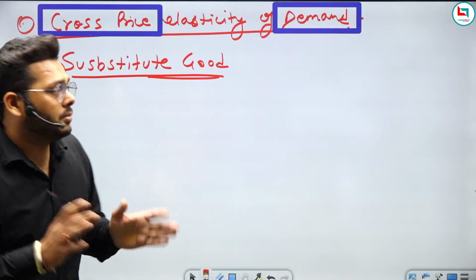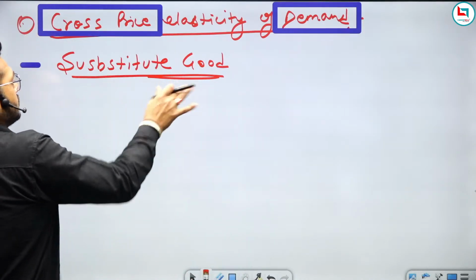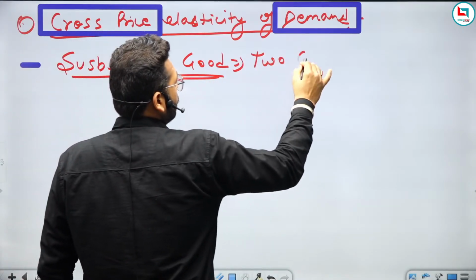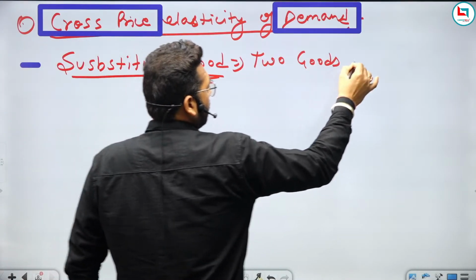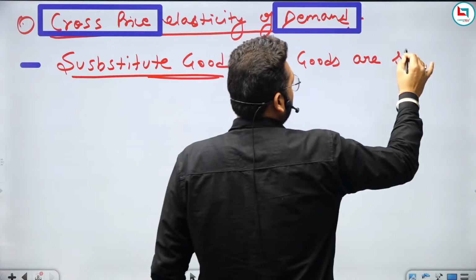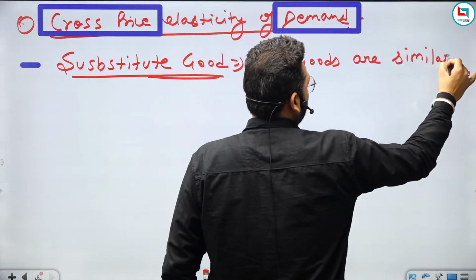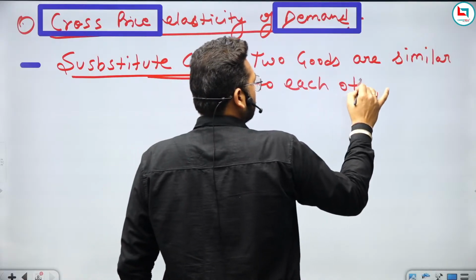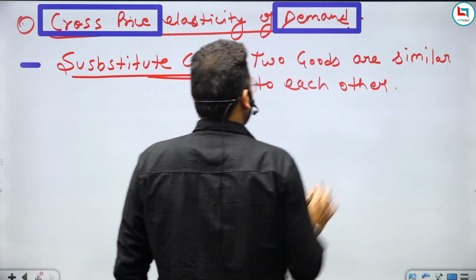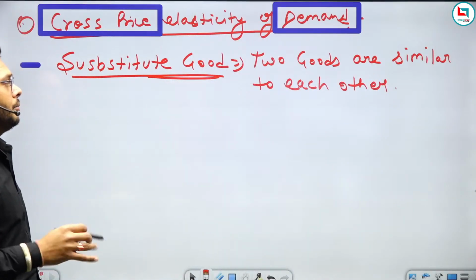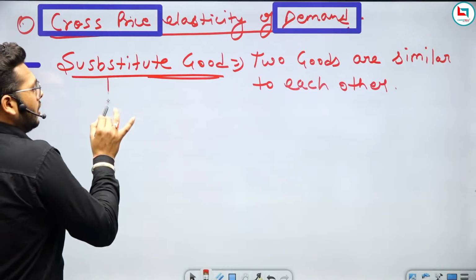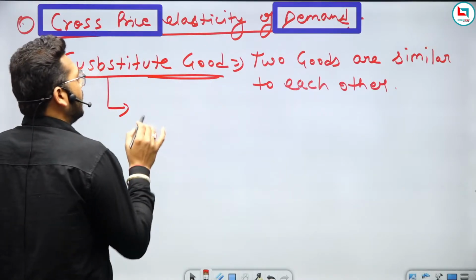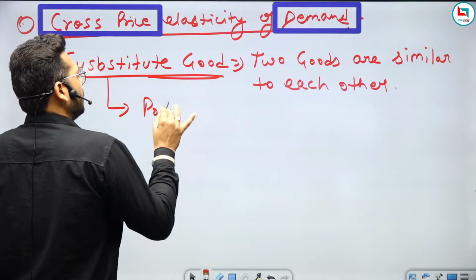When two goods are similar to each other, right? This type of goods are known as substitute goods. Here the relation between the cross price and the demand is a positive relation.